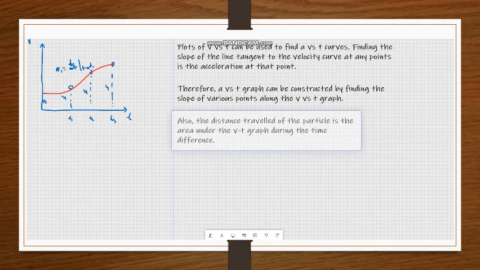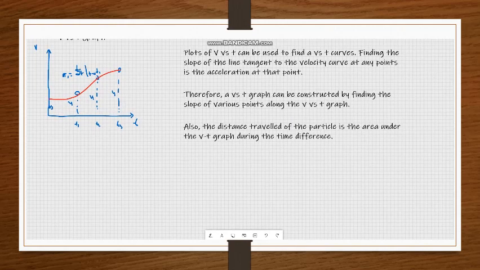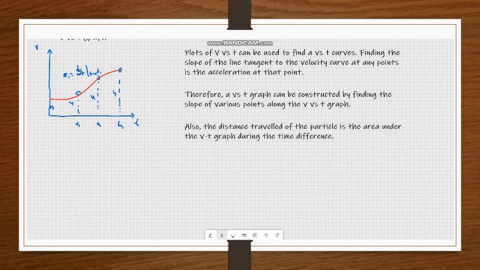So if we take the integral of v dt, the area under these is going to give us the distance, the total distance.